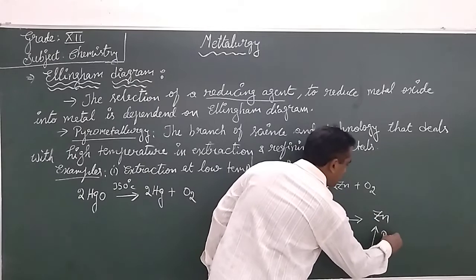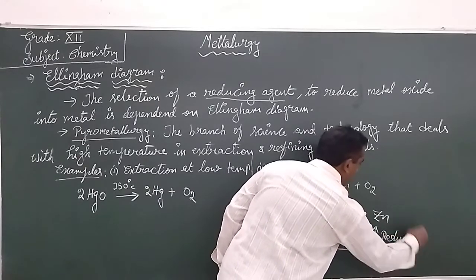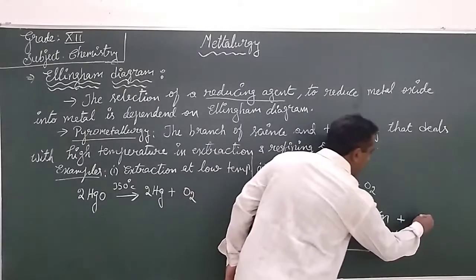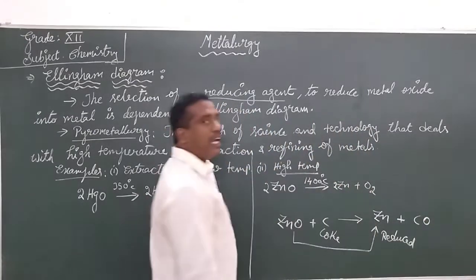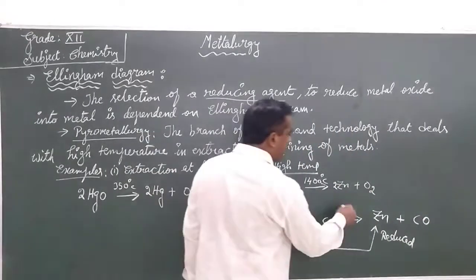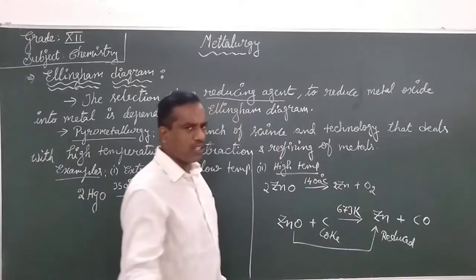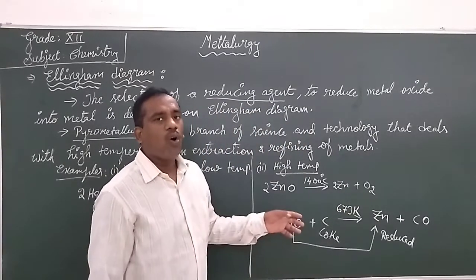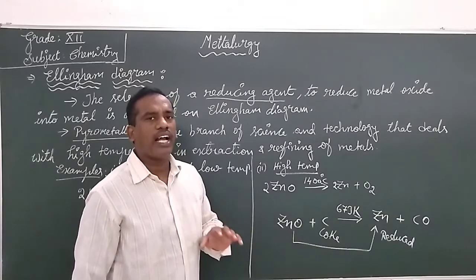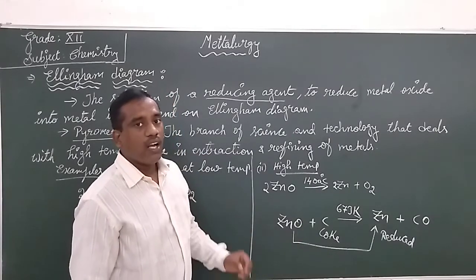Zinc oxide is getting reduced to metallic zinc, and carbon is oxidized. This is achieved around 673 Kelvin, or you can say only around 400 degrees Celsius. How much is it?